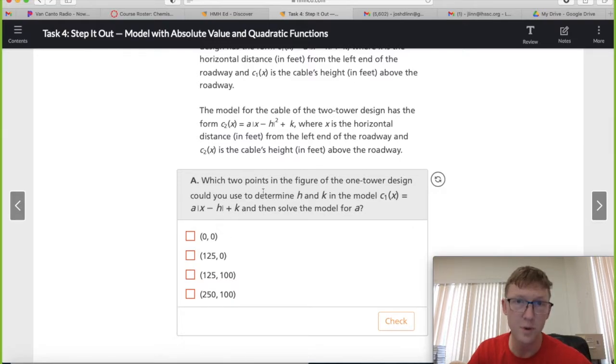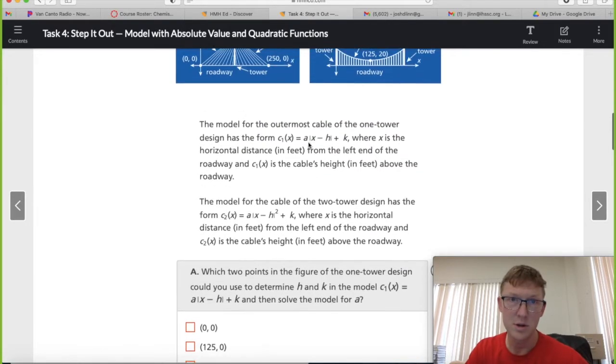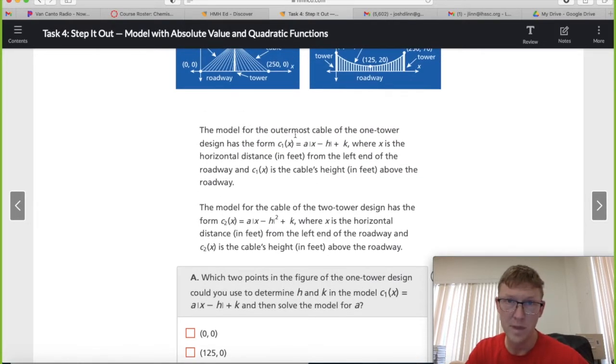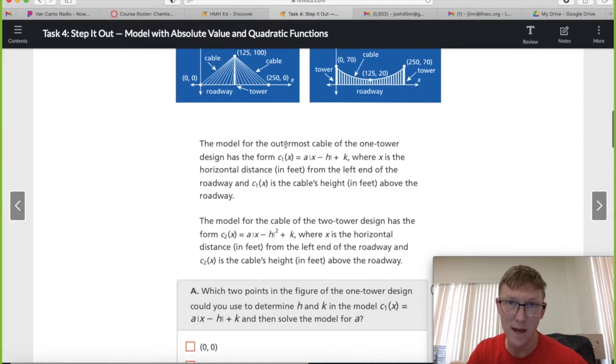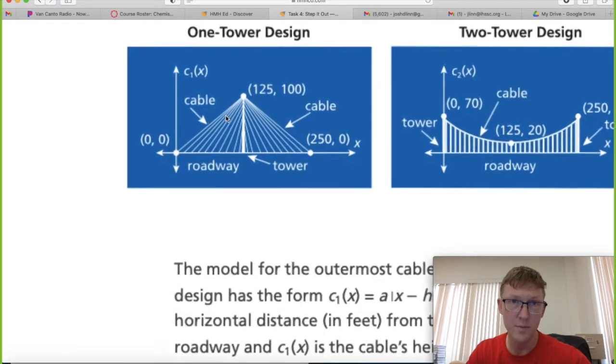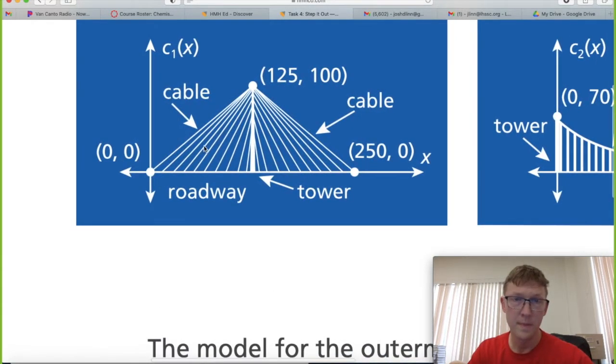Which 2 points in the figure of the one-tower design could you use to determine h and k in your model? They gave us the one-tower design, the outermost cable. We need to know h and k. This is an absolute value. Normally, absolute values start at the origin and go up.